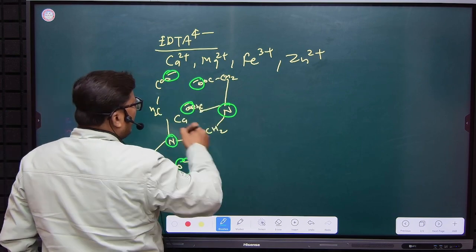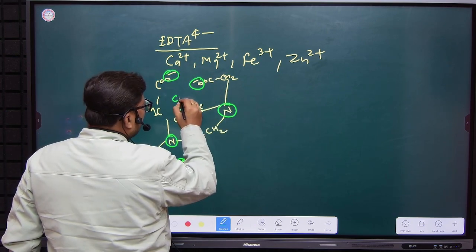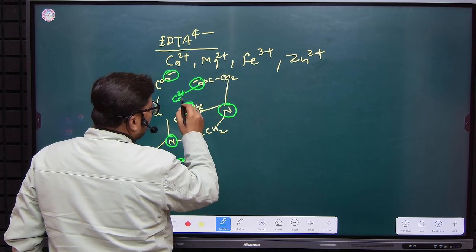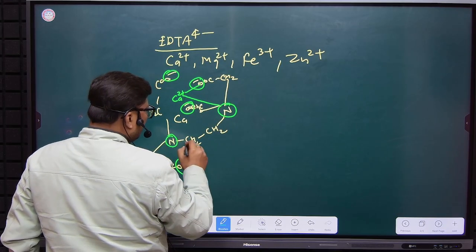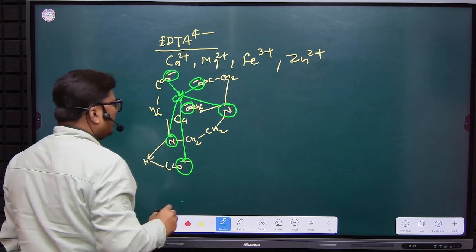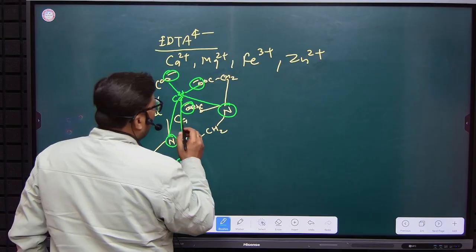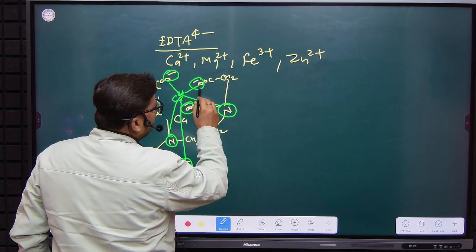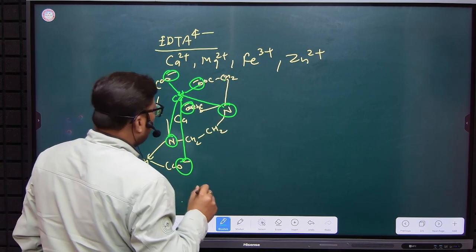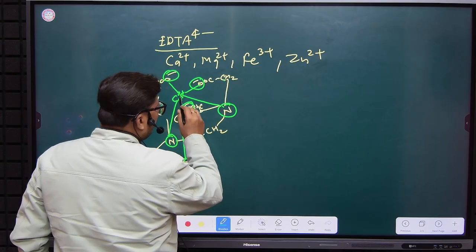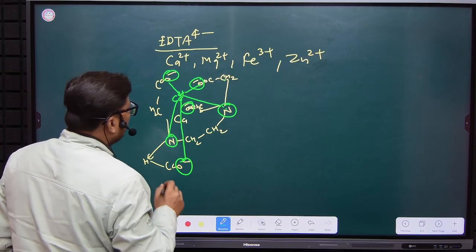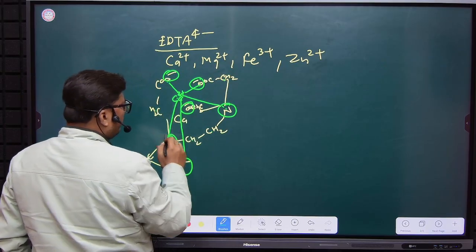So this has a cage-like structure, so it can capture this. Suppose we have a calcium 2 plus, right? So this forms complexes with that, right? So in this way, ultimately it forms a ring-like structure, 1 2 3 4, 4-membered rings, right? Or here also you can say 1 2 3 4 5, 5-membered rings, and 4-membered rings also.